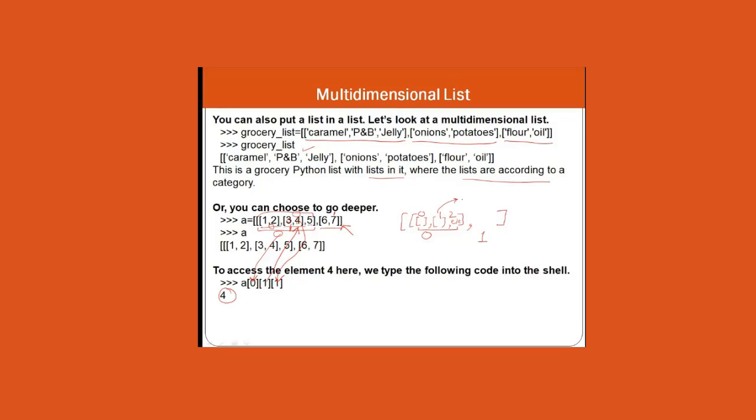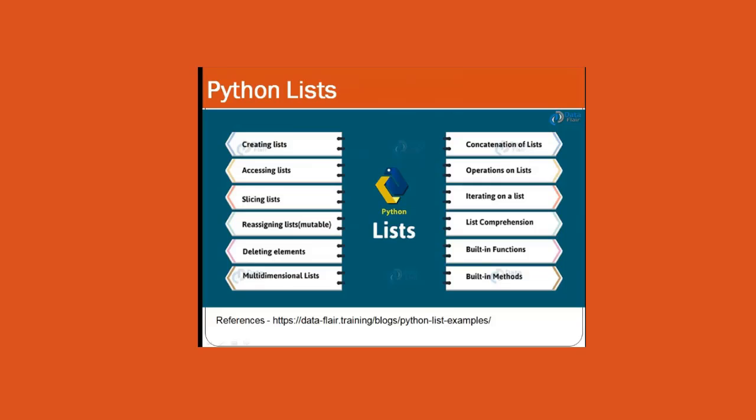If you talk about over here, you have further 0 and 1 elements. So you have tried to access it using this. So that's why 0, then you have accessed 1, 0, then 1, and then 1. So you have seen about this.